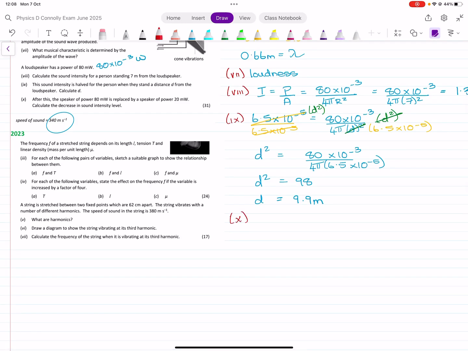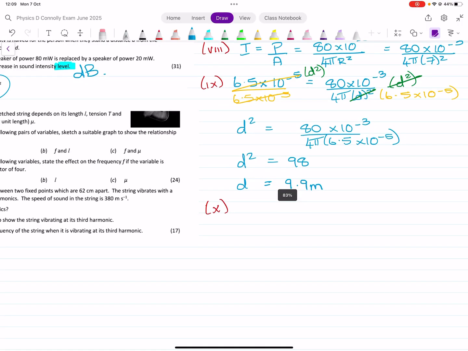After this, the speaker of power 18 milliwatts is replaced by a speaker of power 20 milliwatts. Calculate the decrease in sound intensity level. Sound intensity level is decibels.